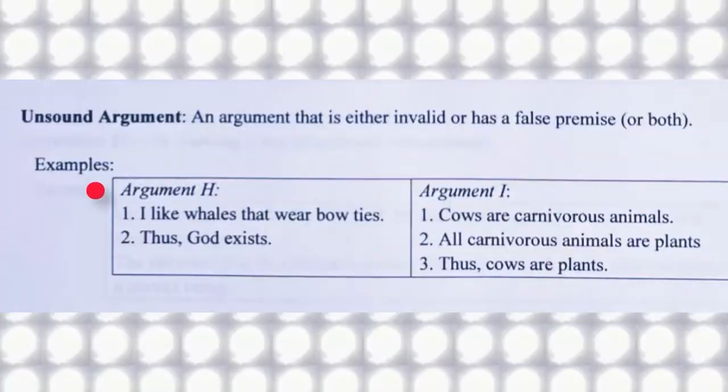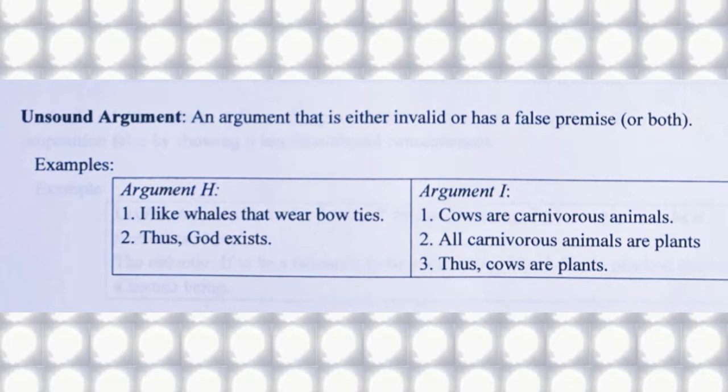So this argument is unsound, not because it has a false premise, because like I said, I like whales that wear bow ties. But me liking whales that wear bow ties doesn't prove that God exists. So that argument is unsound because it's invalid. The reasoning's bad.